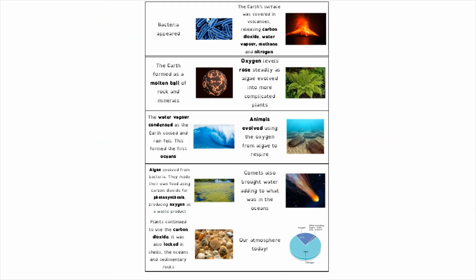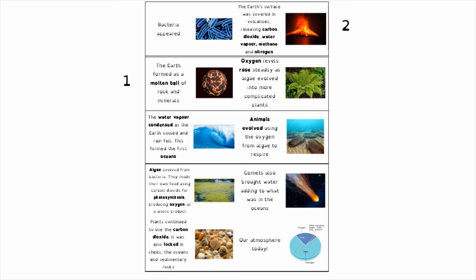So here is that little worksheet that we were looking at. And let's have a look at the order that it should go in. So number 1 is the Earth formed as a molten ball of rock and minerals. So make sure that you've got that one ticked off. If you've not quite got the rest in order, have a quick look and see if you can order them now.